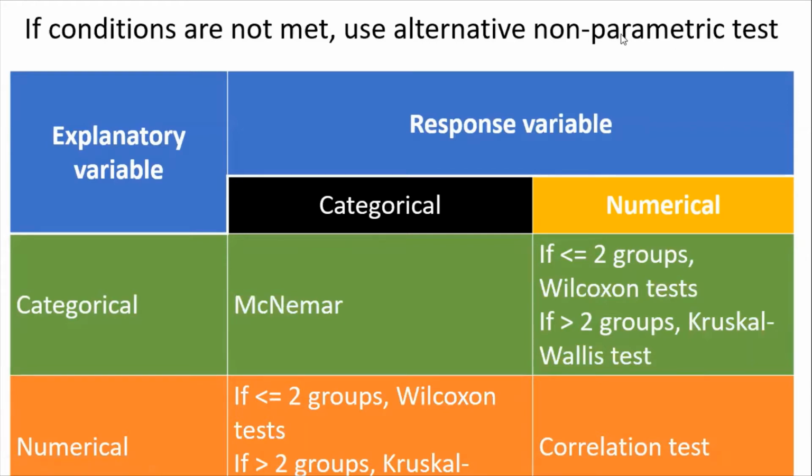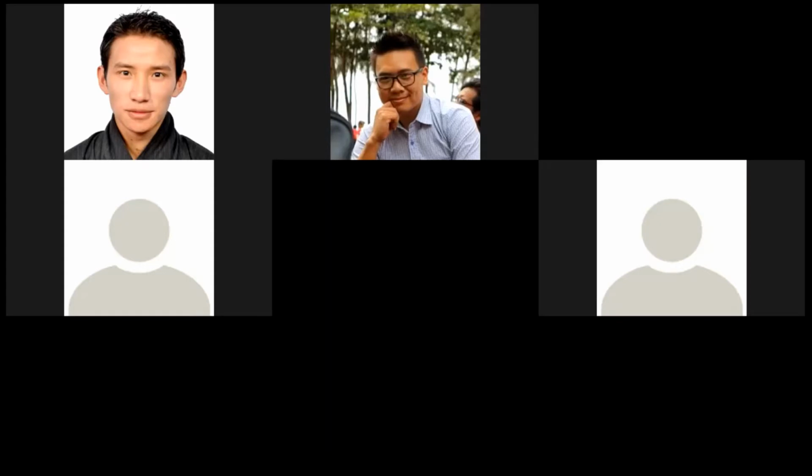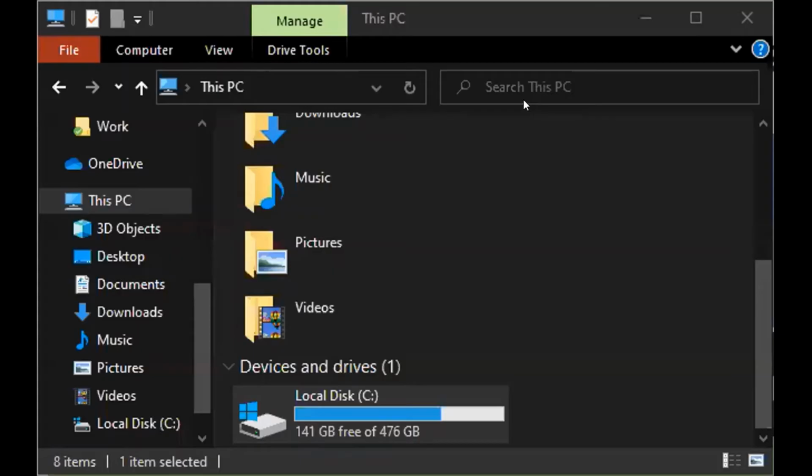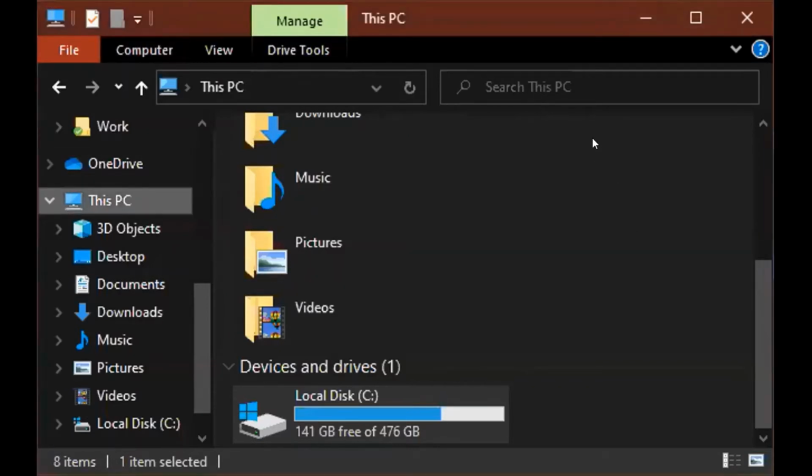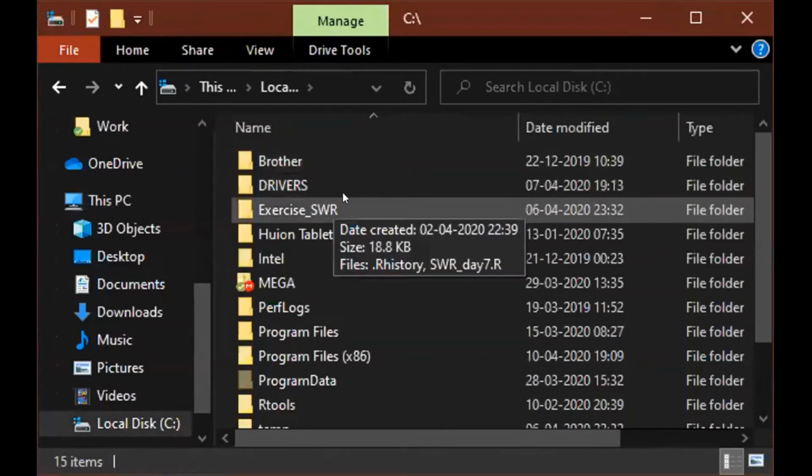Anyway, let us go to the File Explorer. Starting from this point, everything we will discuss in detail in R. So go to the logit drive C, and then we already created the exercise SWR folder.